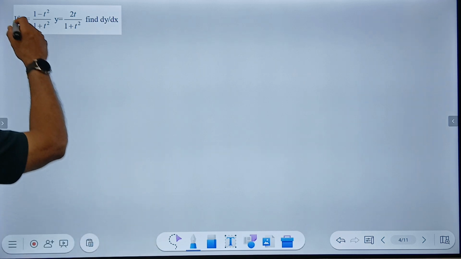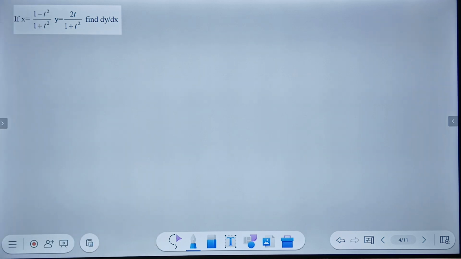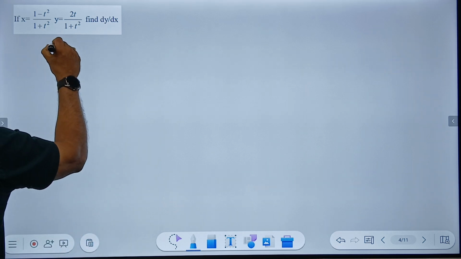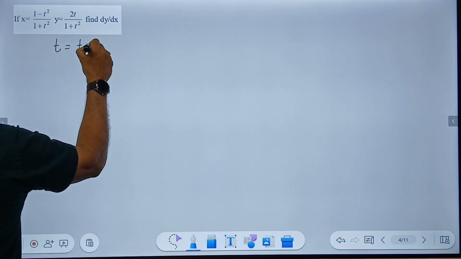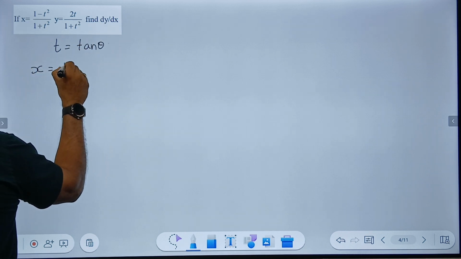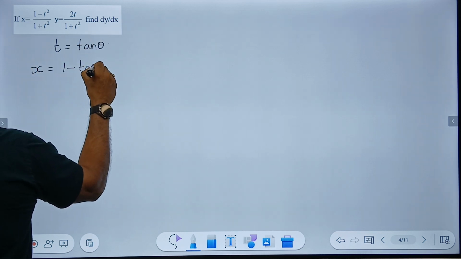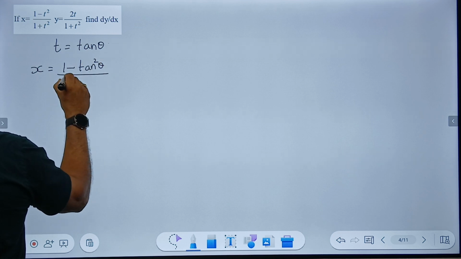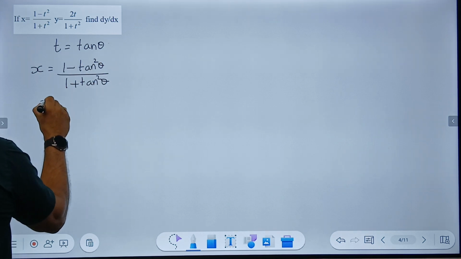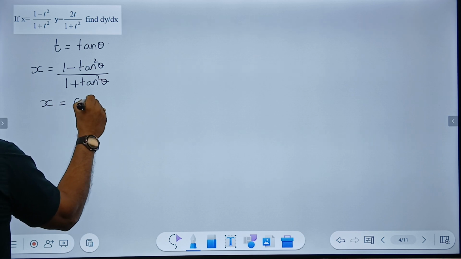Now here x is 1 minus t square by 1 plus t square, and y is 2t by 1 plus t square. So what I do here is I take t as tan theta. So x is equal to 1 minus tan square theta by 1 plus tan square theta, which is nothing but cos 2 theta.